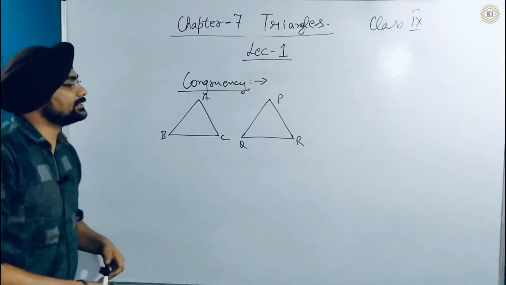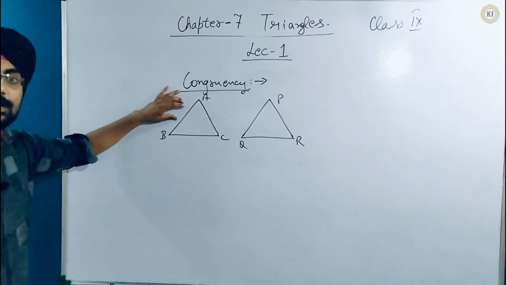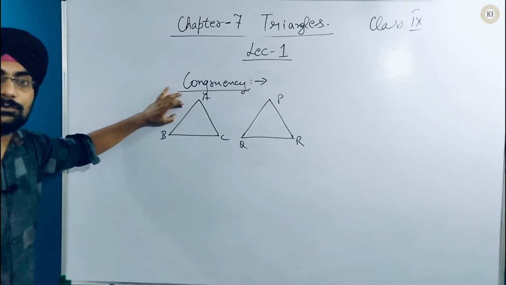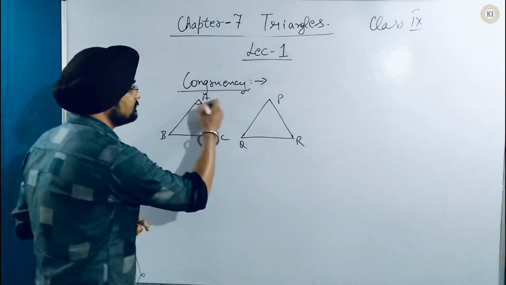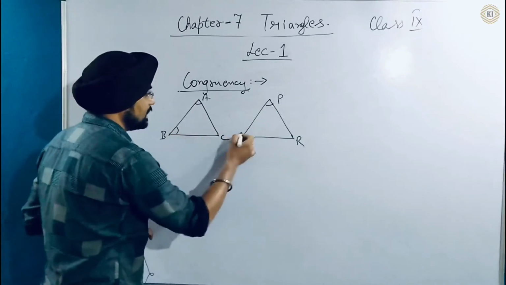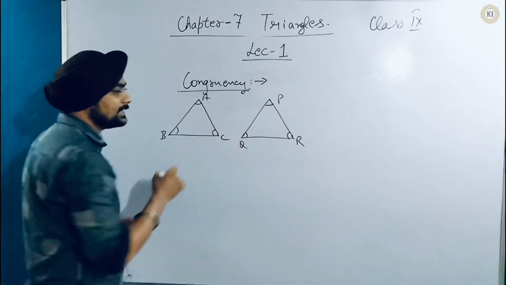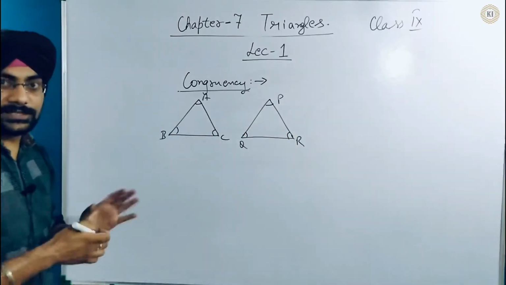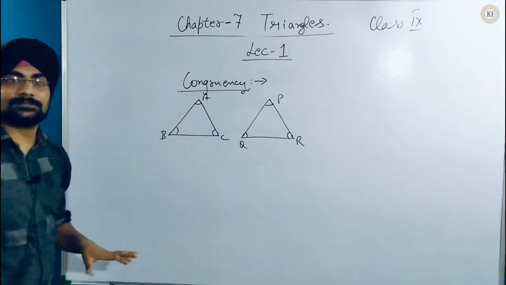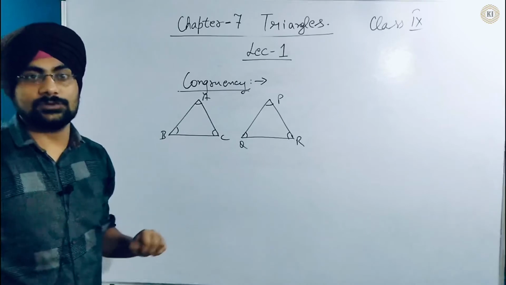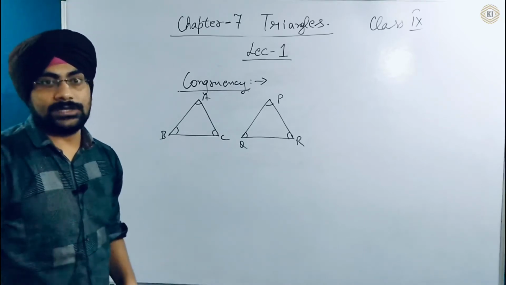So these sides which overlap are known as the corresponding sides of the triangle, and these angles which overlap are known as the corresponding angles of the triangle. So in the case of congruency, corresponding sides and corresponding angles of two triangles overlap, so they are said to be equal.